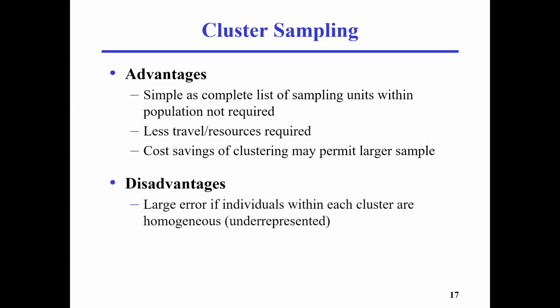Okay. Disadvantage: large error if individuals within each cluster are homogeneous, which means that if you poorly divided the population, or if you chose inappropriate clusters for your study, the whole population could be underrepresented.